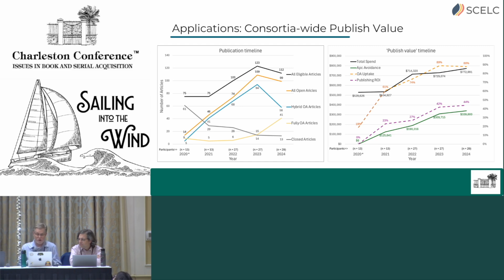So the value of publishing in 2024 under this agreement was $339,800, or 44% of our total agreement spend. But this is only the publishing part of the story. It ignores the read value of the agreement.